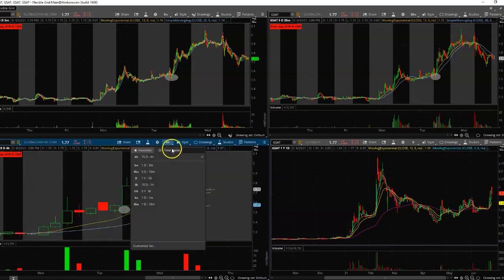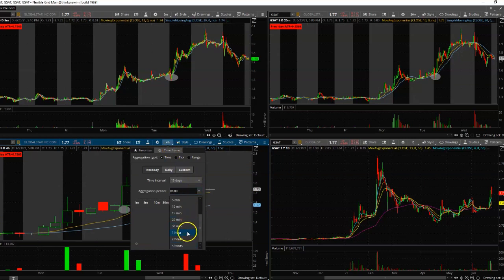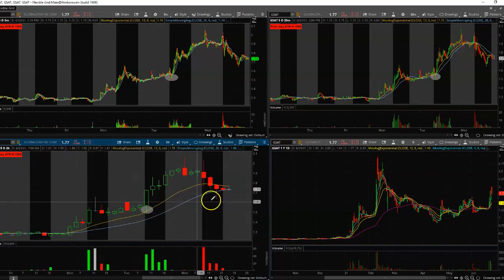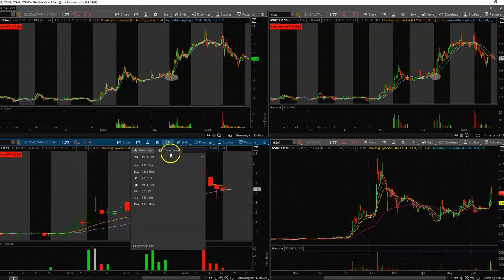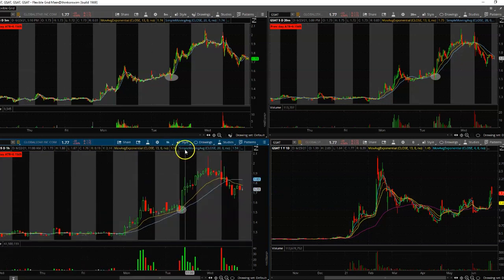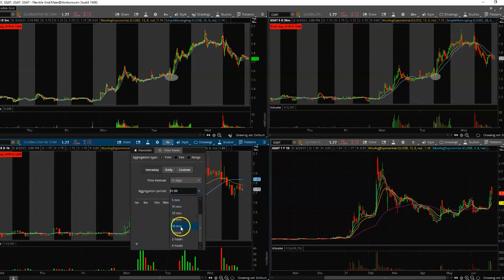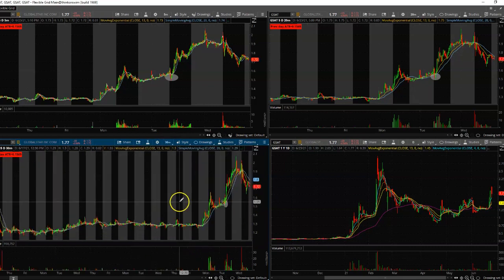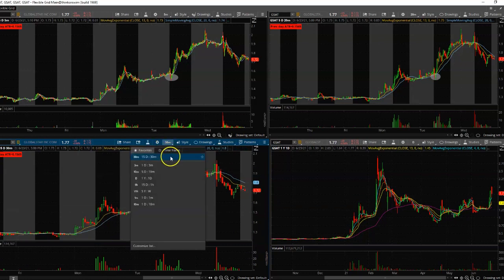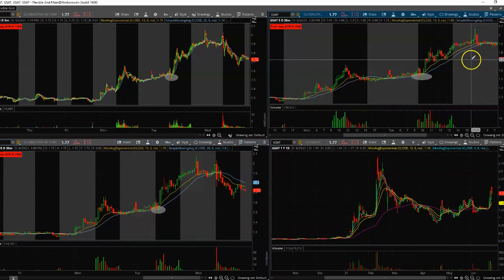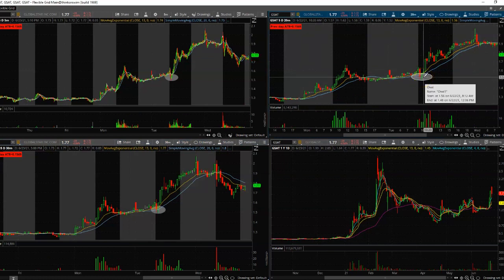I saw it holding the 2 hour, dipped in and held the hourly, held the 30, and up here is the 20, right? So we're holding multiple different means or multiple different moving averages on every single time frame that you can really look up until the daily.